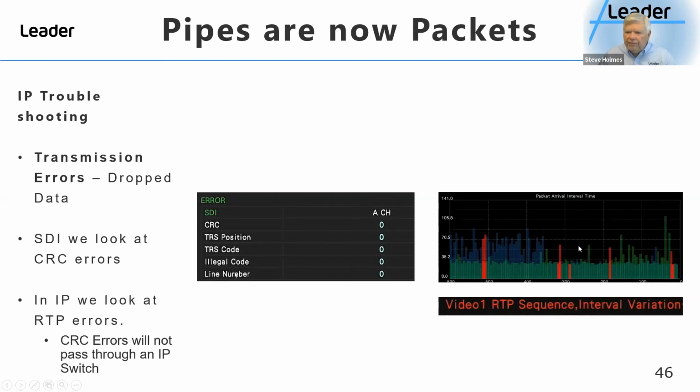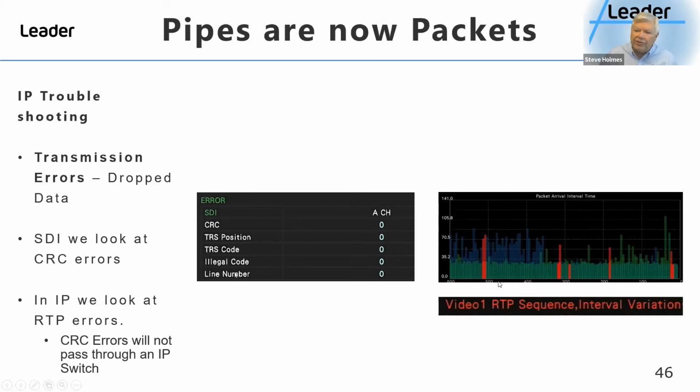And look at these differences in these packet delays coming in, letting you know something is seriously wrong with either the switch, or in a lot of cases, it's the device that's making the IP, a playout server or a gateway.